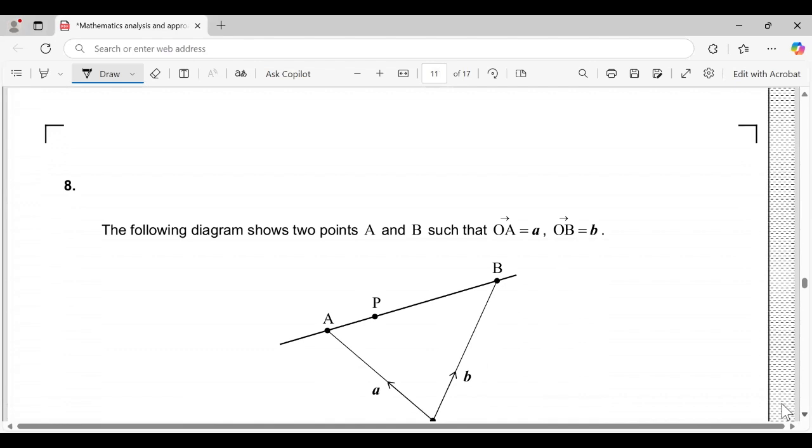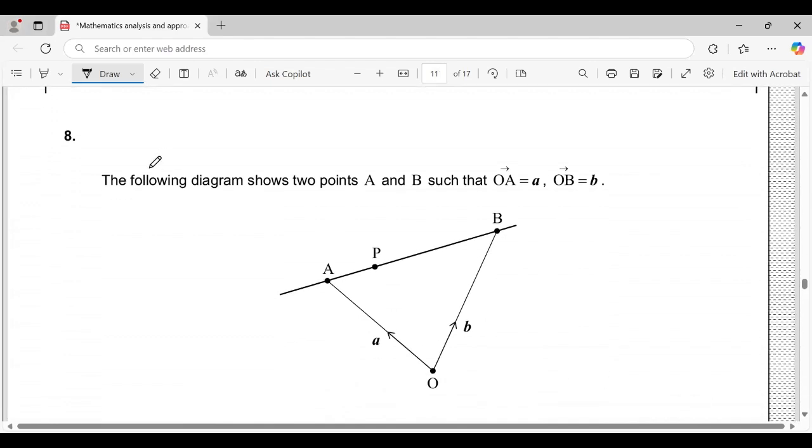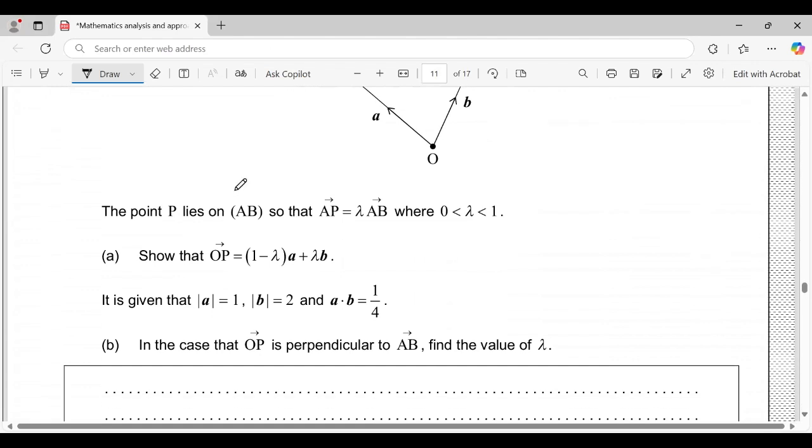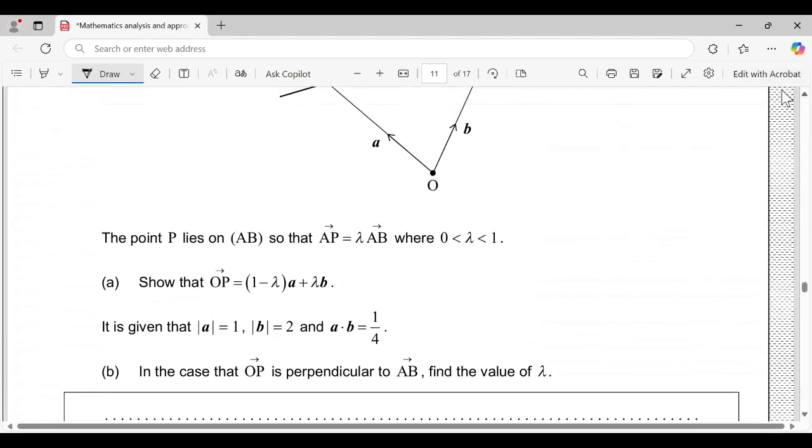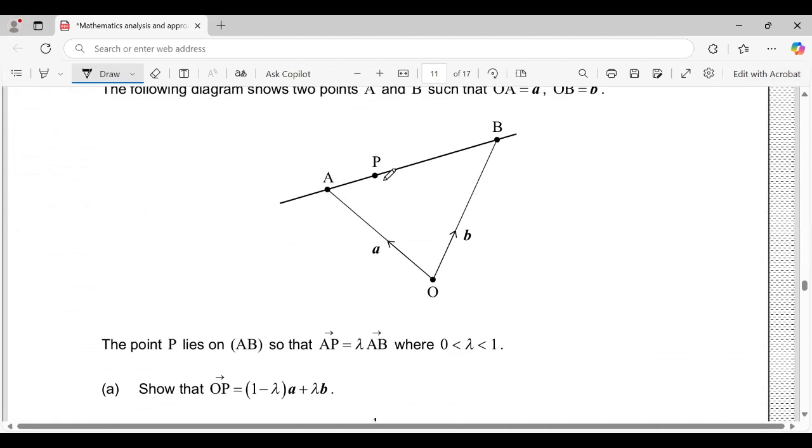Next question, number 8. The following diagram shows 2 points, A and B, such that vector OA equals a, vector OB equals b. The point P lies on the line segment AB, so that vector AP equals lambda times vector AB, where lambda is in the interval 0 to 1.